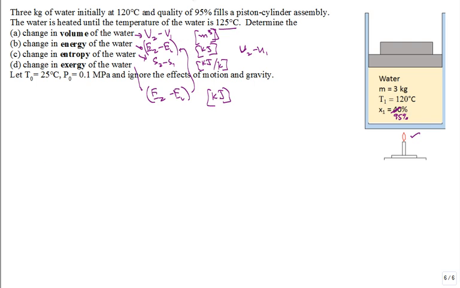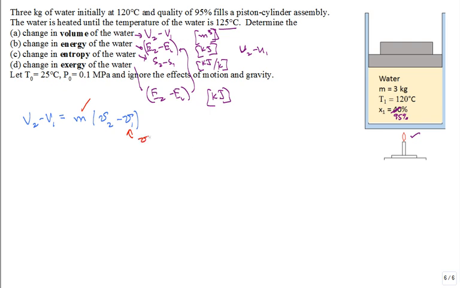So let's go ahead and do this. How do I solve for part A? I want to get V2 minus V1. How do I do that? The mass times the specific volume 2 minus specific volume 1. This one I already know is 3 kilograms. Then I'm left with the challenge. Can I get the specific volume of water, H2O, whoops, let me write it this way.